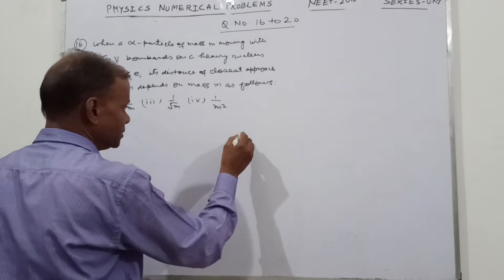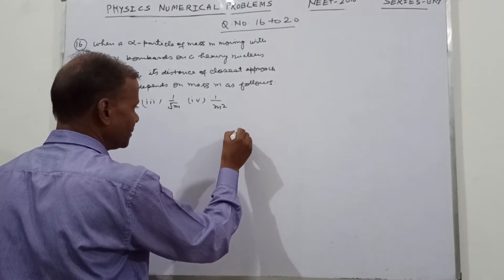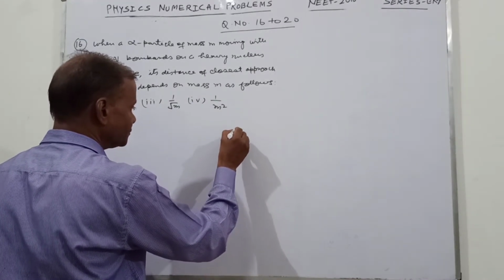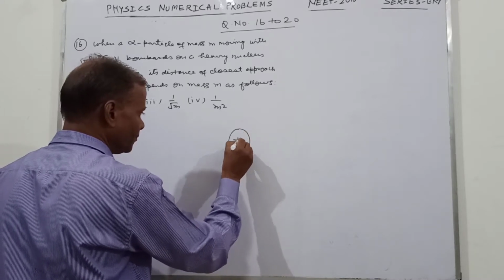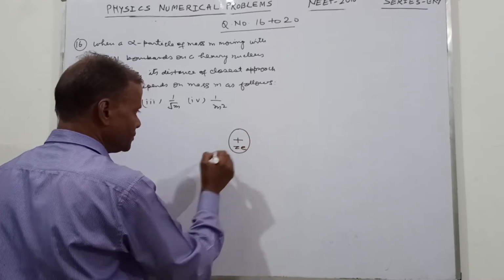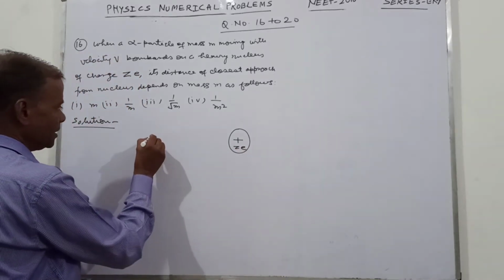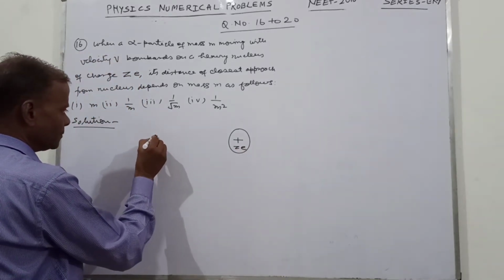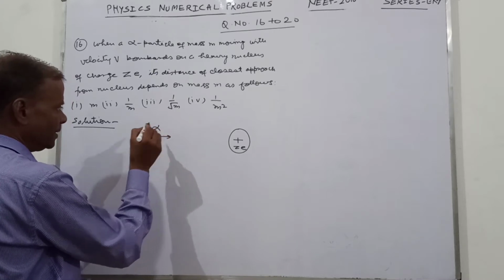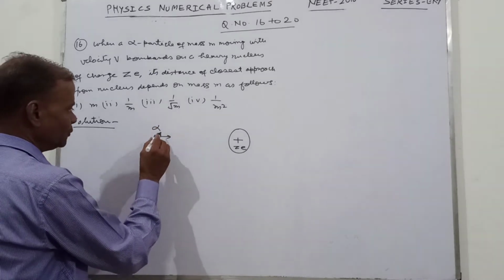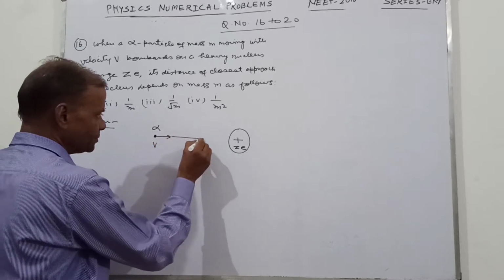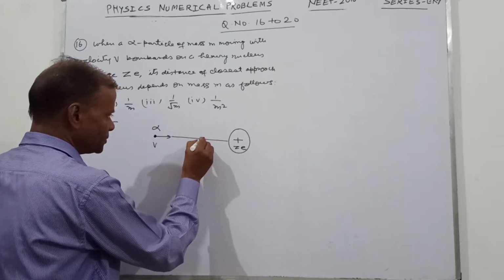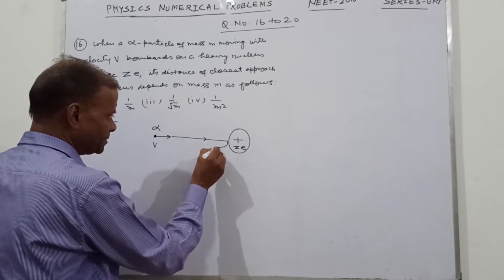This is the nucleus, plus Ze. This is the alpha particle, moving with velocity v. Then it reaches this distance and then it comes back.